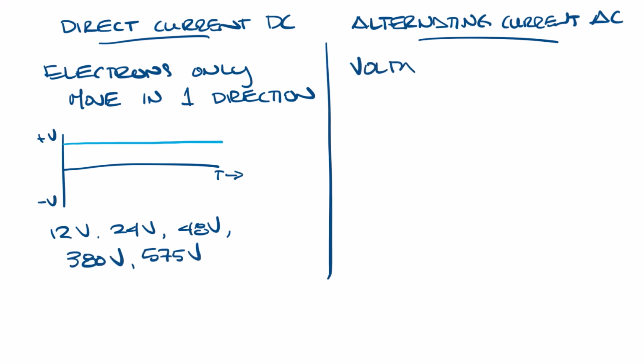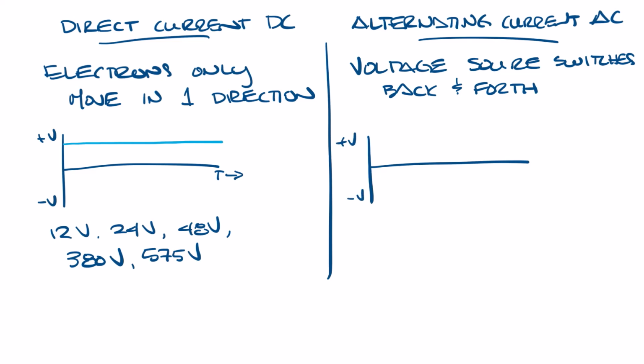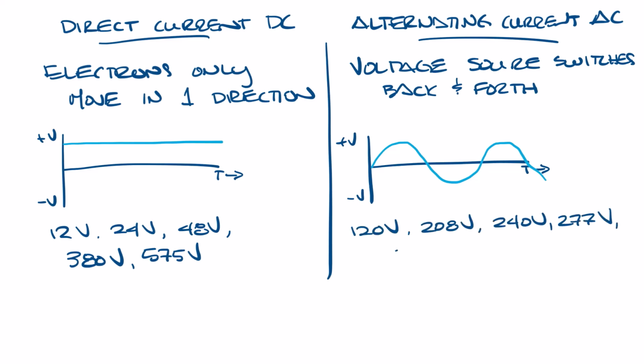In alternating current, AC, the voltage source switches back and forth. AC current would look like this over time. Typical voltages are 120 volts, 208 volts, 240 volts, 277, 480, 4160, and 13.8 kilovolts.